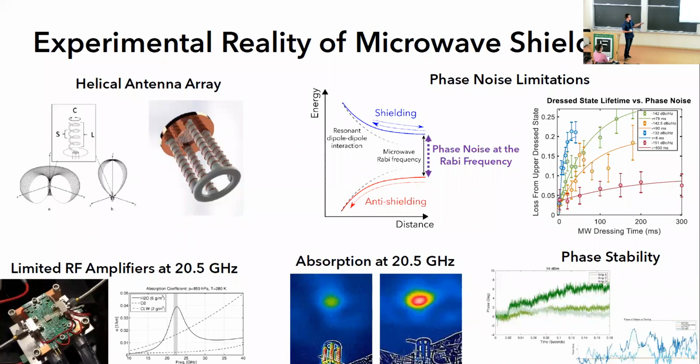So the idea here is that in the dressed state picture, you have some sort of shielding repulsive potential as well as an anti-shielded potential. And ideally, all your molecules are in this shielded dressed state up here. But now if you have phase noise on your microwaves at the Rabi frequency, this is simply a direct drive from this shielded state into this anti-shielded state, and this will cause loss.